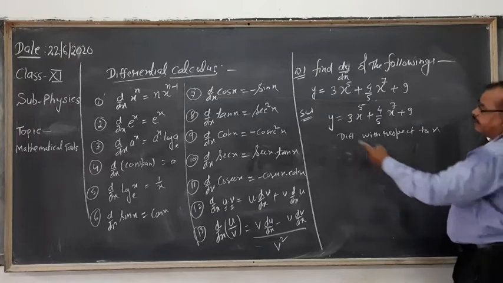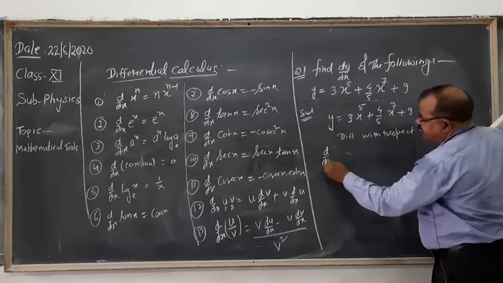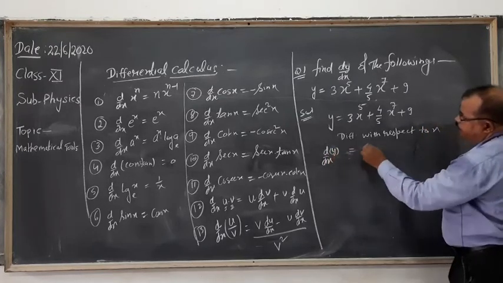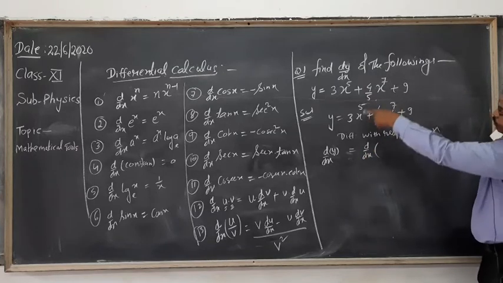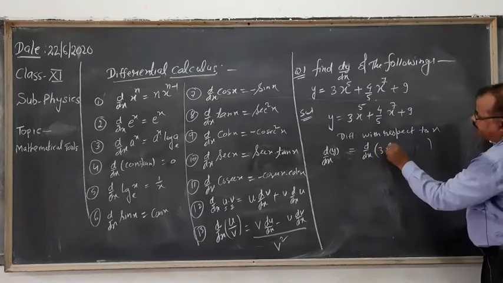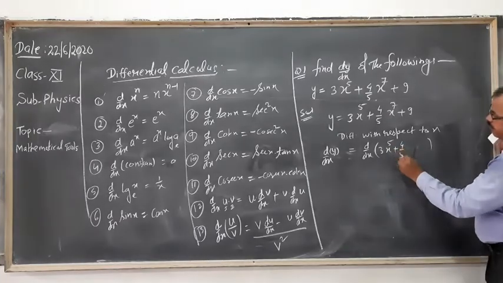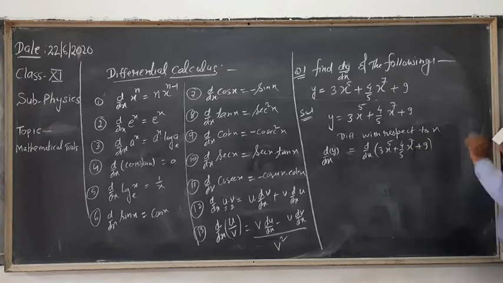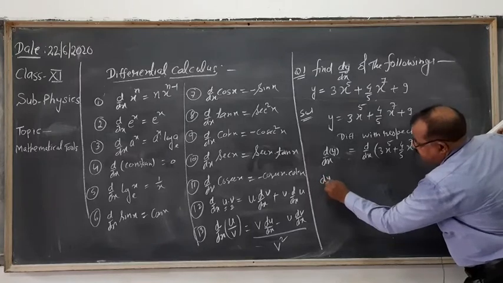Differentiation of y means d upon dx of y equals d upon dx of this whole function 3x to the power 5 plus 4 upon 5 x to the power 7 plus 9. Okay, this will be dy by dx.